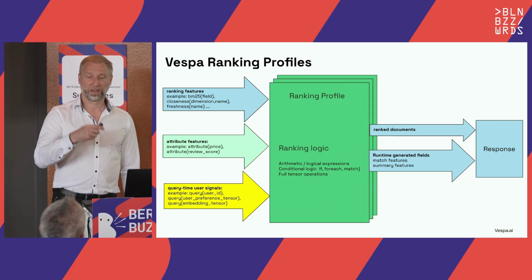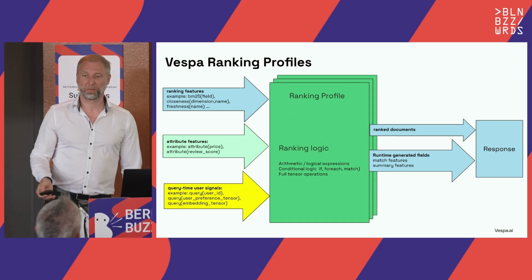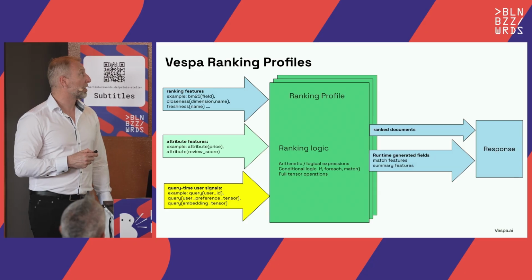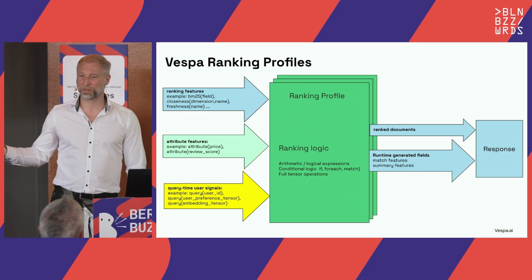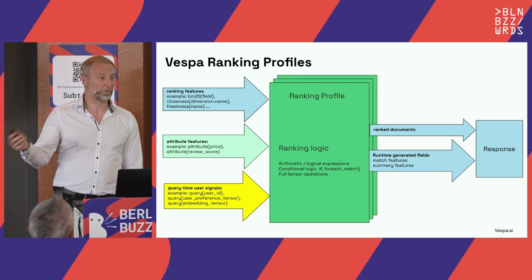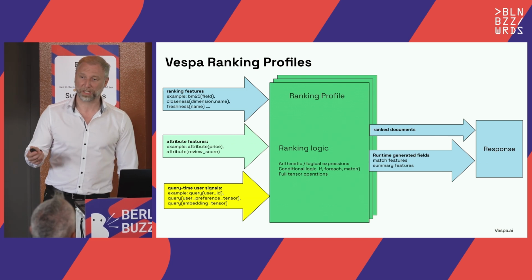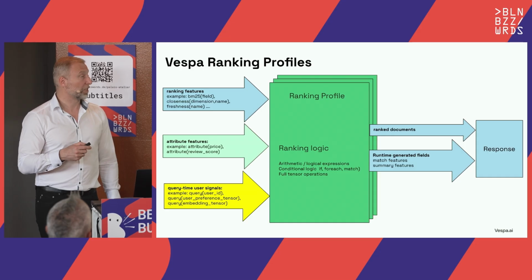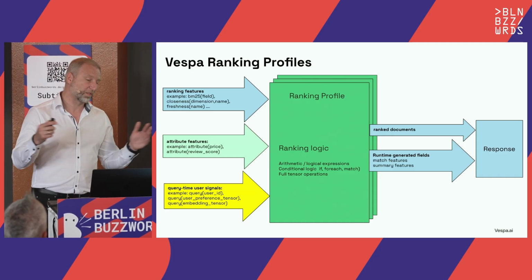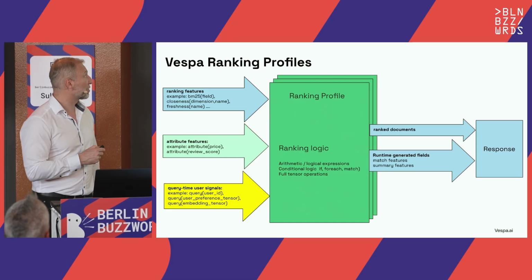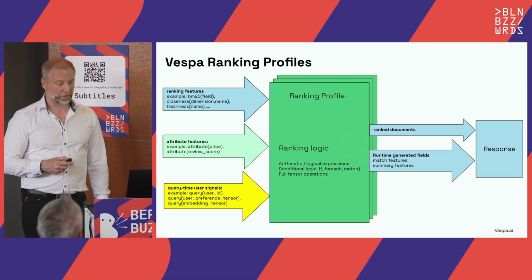Ranking features, tens of them, are defined in our documentation, like BM25, closeness, freshness, and many of them are derived from the documents themselves. So all the lexical components, elements like weights for different tokens, all of those kinds of things will be here. Then we have attribute features.